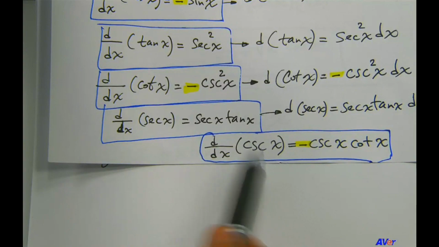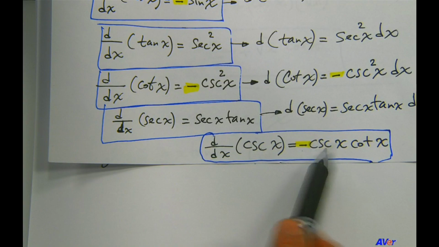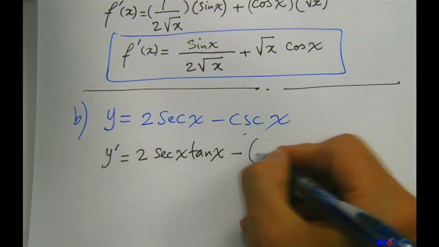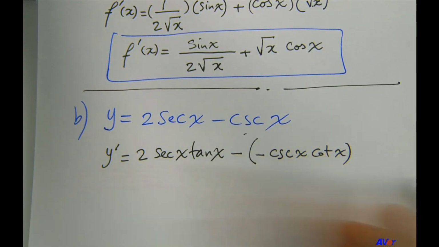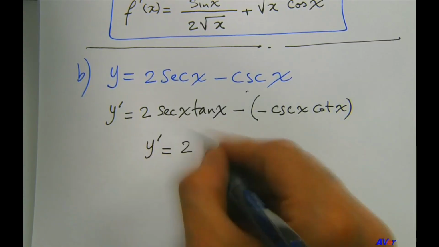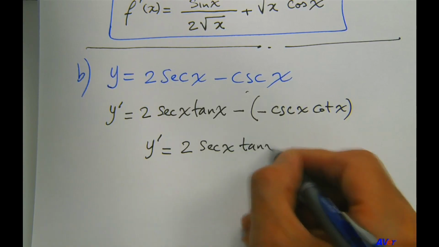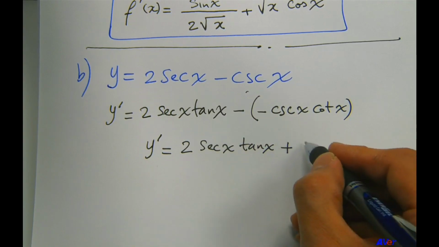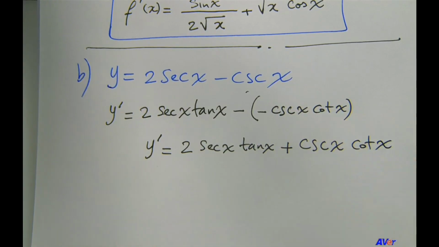The last one, the derivative of the cosecant of x is equal to minus cosecant of x times cotangent of x. Okay, so let's clean this up and simplify it. We have y prime equals 2 secant of x tangent of x. Minus times minus is positive cosecant x cotangent of x.